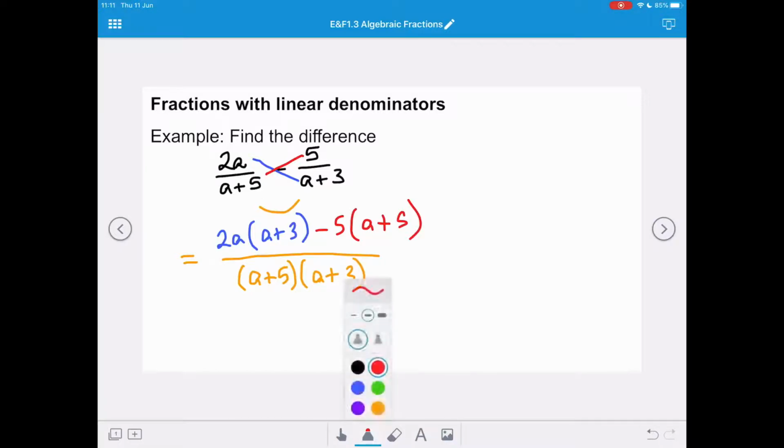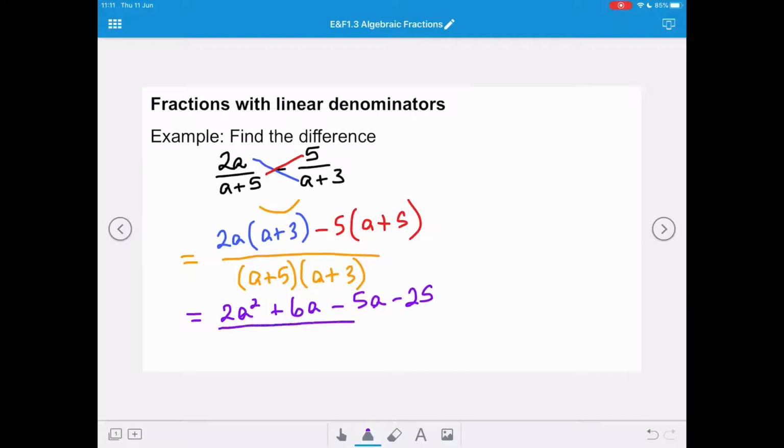The next thing we're going to do is expand our brackets. So 2a times a gives us 2a squared plus 6a. And we're going to take away 5a minus 25, and we're going to leave our common denominator as a plus 5 upon a plus 3. We don't need to expand that unless we're asked to give it in a certain format.